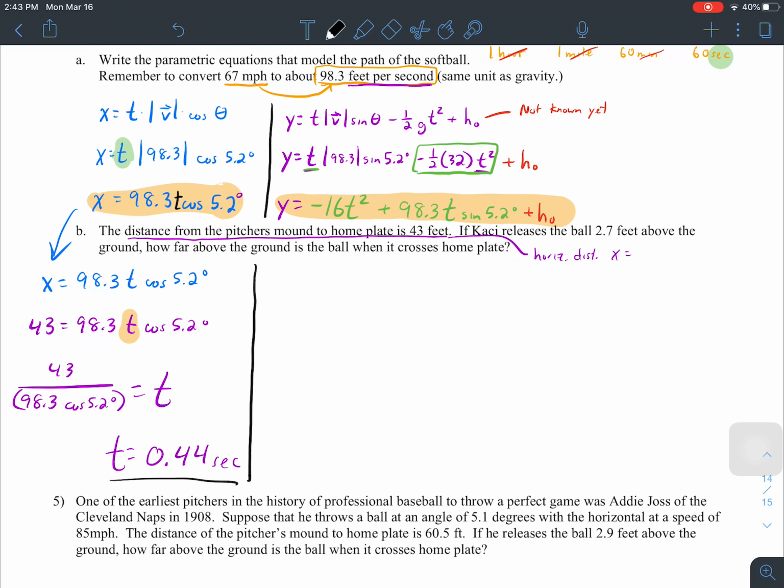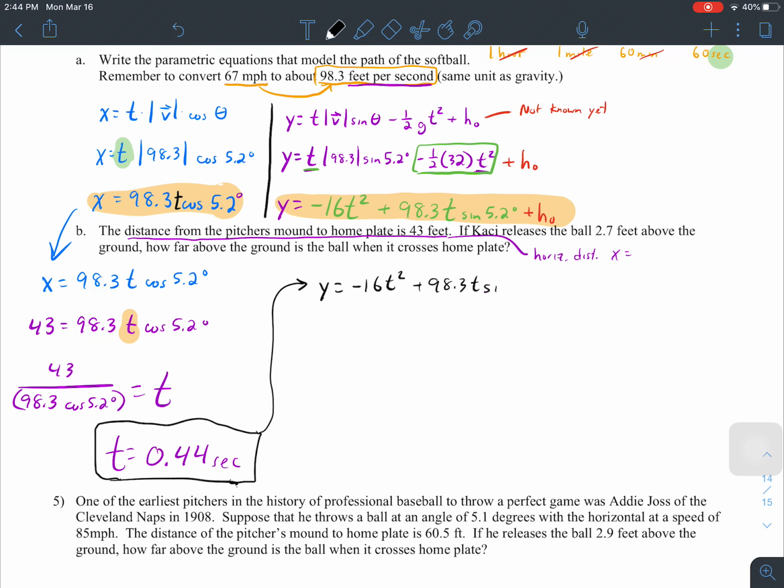So the easiest parametric equation is the x. So always start there. Now we're going to take that value, because it was so easy to plug in to x and find the information given to us. We're going to use this to answer the real question: how far above the ground? So that means I'm going to use my equation that y equals negative 16t squared plus 98.3t sine of 5.2 degrees plus my initial height.